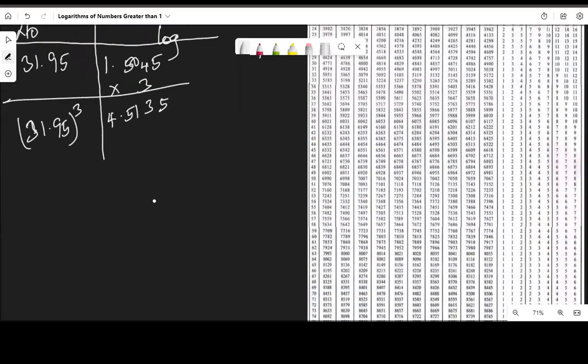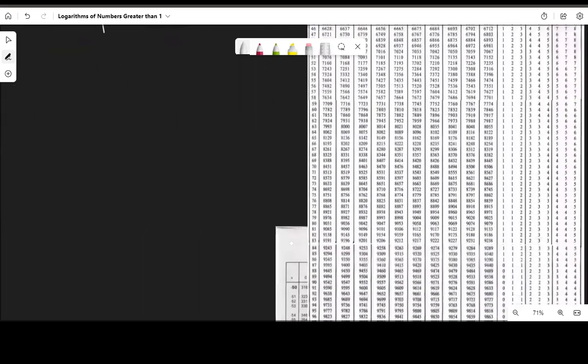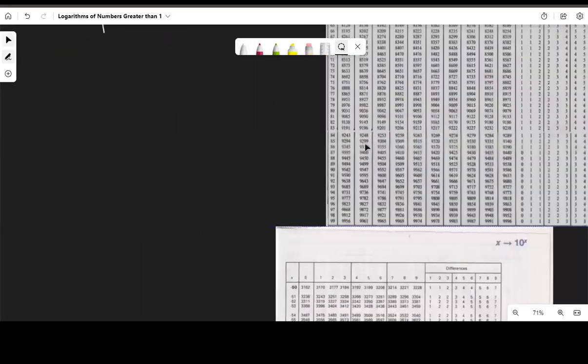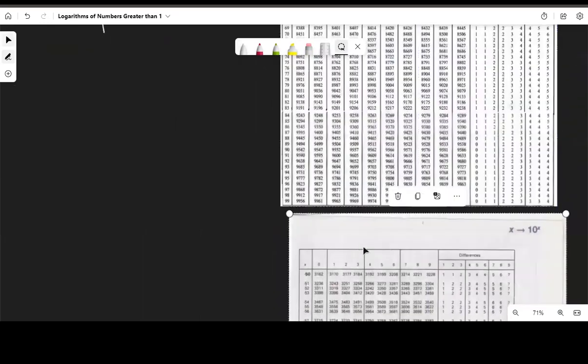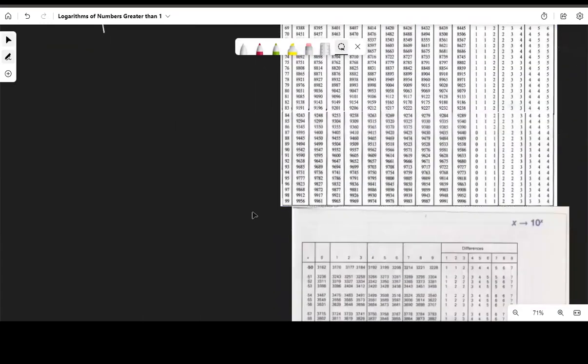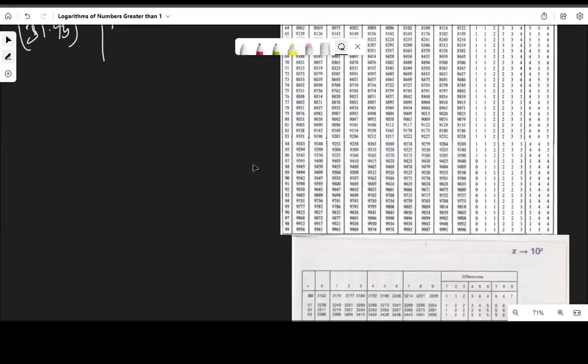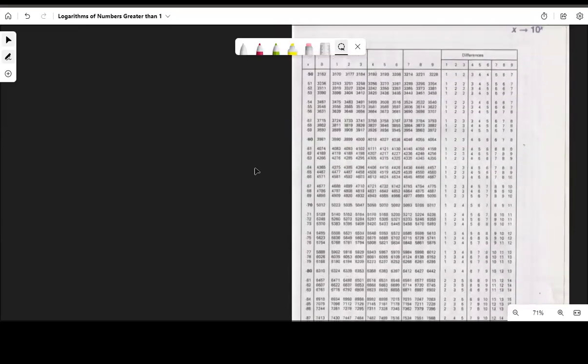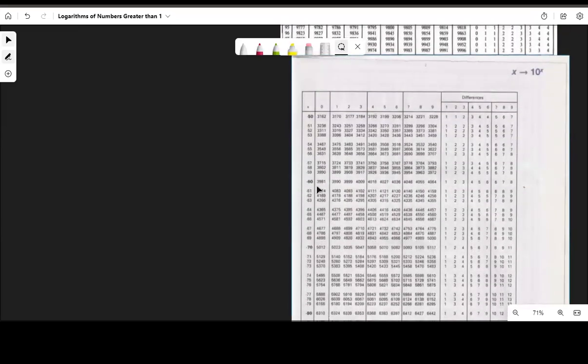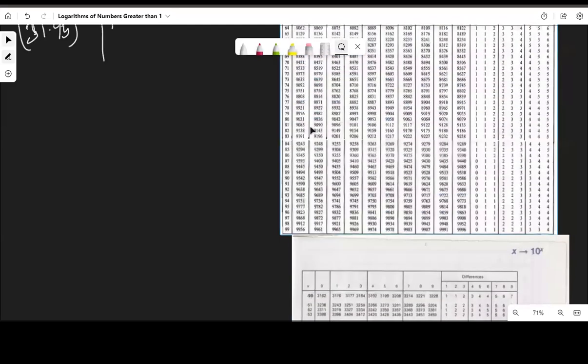Now looking for antilog of 51 under 3, difference of 5. Here is our antilog table. We have to look for 51 under 3, difference of 5. 51 is right here under 3, right?